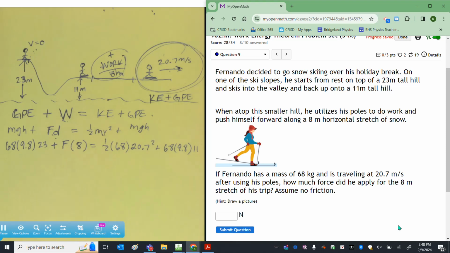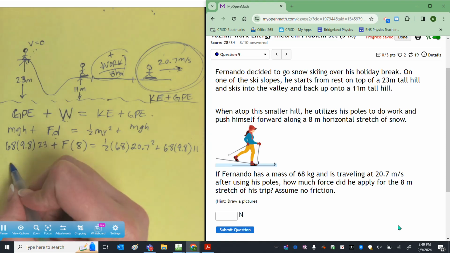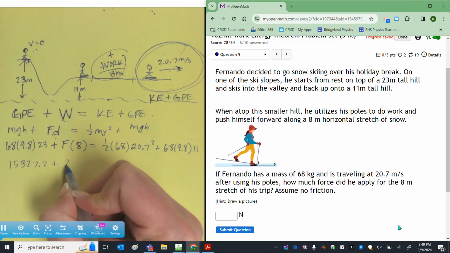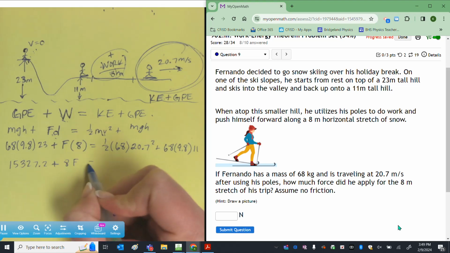So let's go ahead and solve what we can. 68 times 9.8 times 23 is going to be 15,327.2 plus 8F. And then on this side, I'm going to solve all this and add it together.